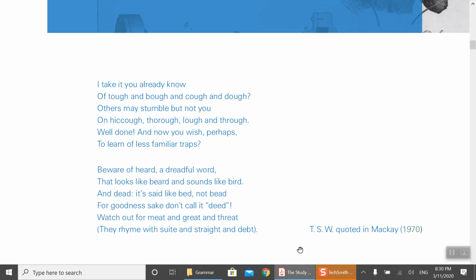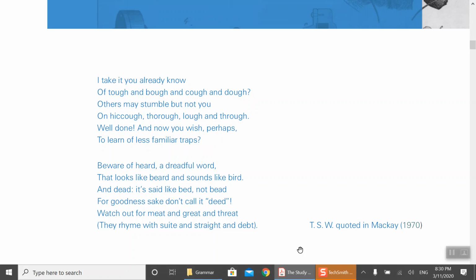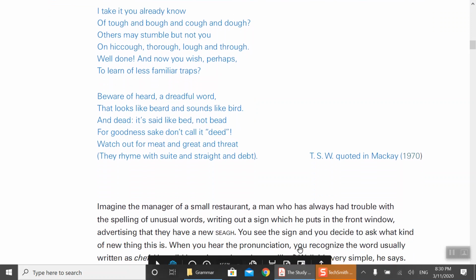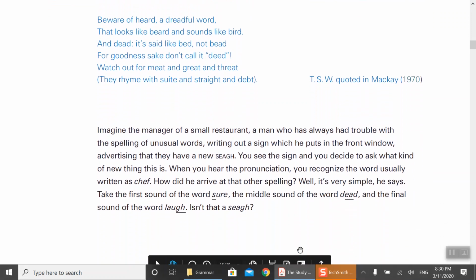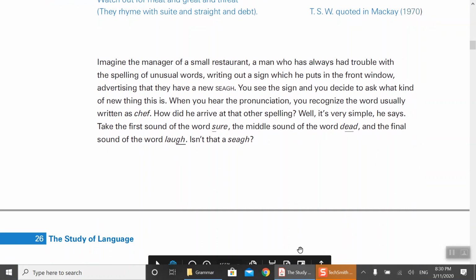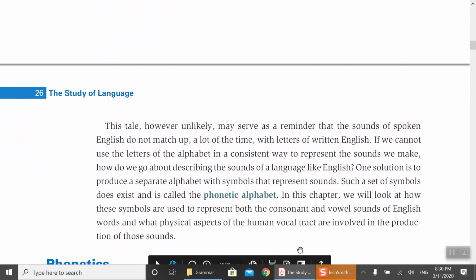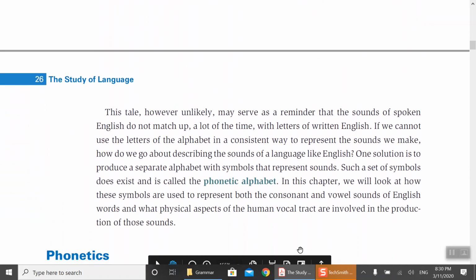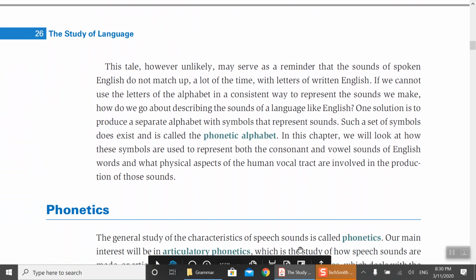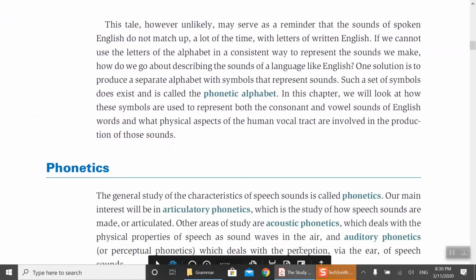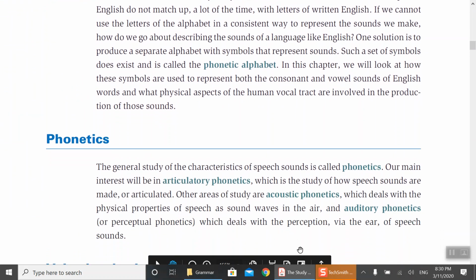No, each word has its own pronunciation, and you know that pronunciation is very important. If we make any mistake in pronunciation, we will have a problem, right? We have in these two paragraphs an explanation about this short poem.